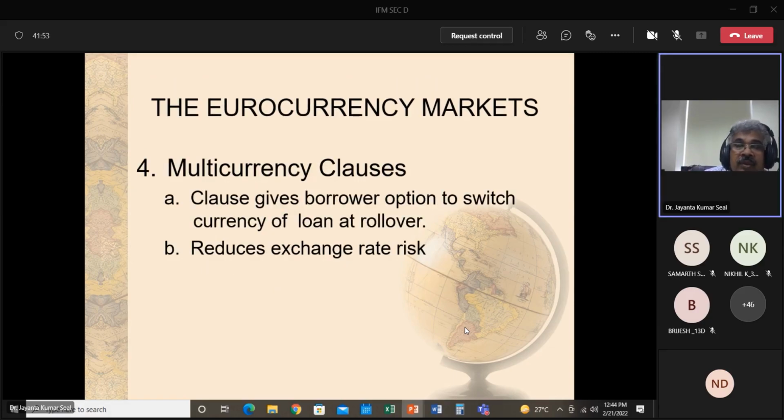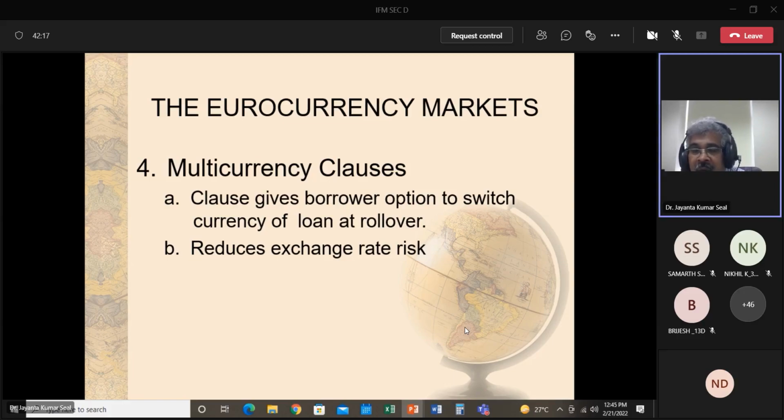There sometimes you can also borrow in multi-currency. So the borrower has the option to switch the currency of the loan at rollover. Suppose you borrow in dollars for a period of 1 year. As I have told you, you have the choice of borrowing in one currency and repaying in another currency.